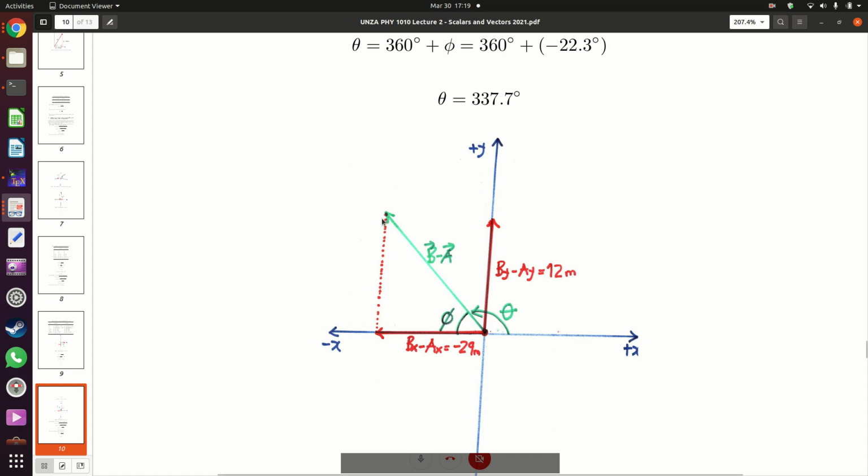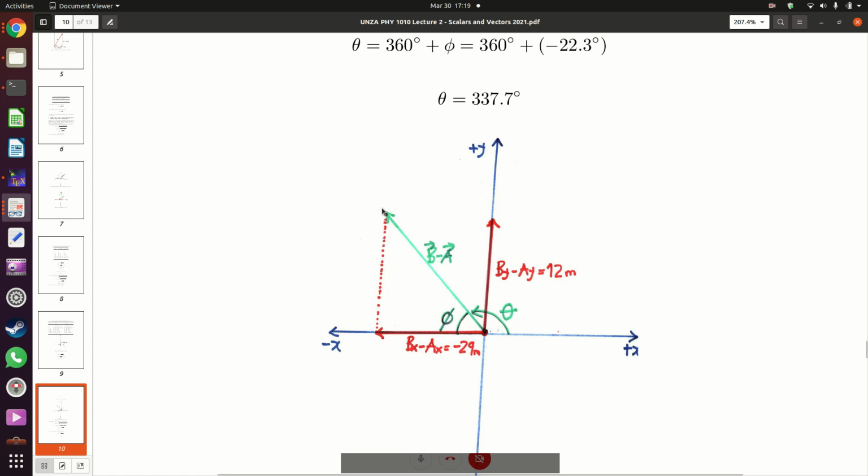As long as the y component and the x component are vectors, as long as the size is still 12 meters, and when we do the shift it is still parallel to the y-axis, the direction has not changed. So when we move along the x component of b minus a, and then along the y component of b minus a, we end at this point.